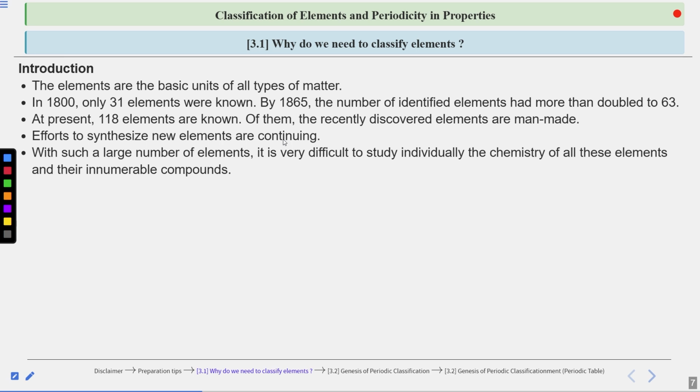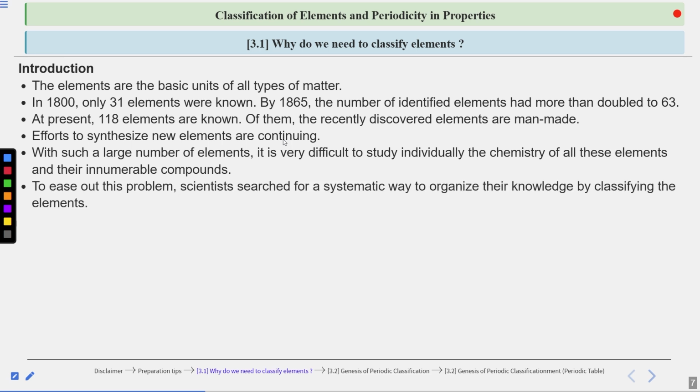So, with such a large number of elements, we need to classify them into such groups and periods so that their properties, physical and chemical, would be similar. And in this attempt, scientists searched for a scientific and systematic way to do this.